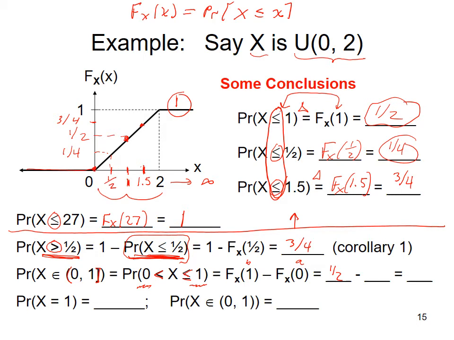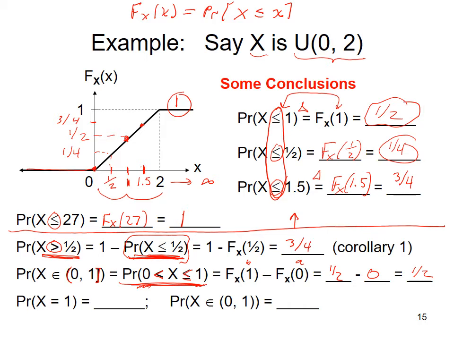Fx of 0 takes value 0. You can see that graphically. So I end up with 1/2 minus 0, or 1/2. Okay? So we're using that property that the probability that x is between a and b is Fx of b minus Fx of a.